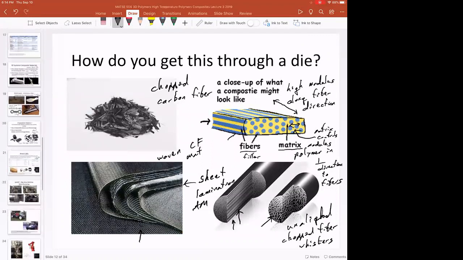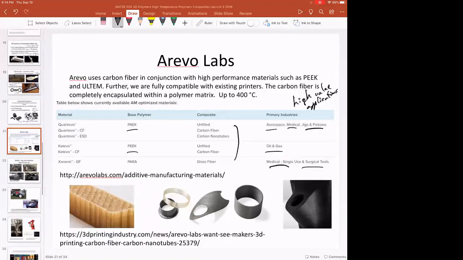But before we get into the weeds of composite materials and some of the things we need to consider, I wanted to pause and just see if there are any comments or anything that people want to bring up about composite materials in general, or AM of composite materials in general. All right, well, let's keep going. There's a lot of good composite stuff to talk about.